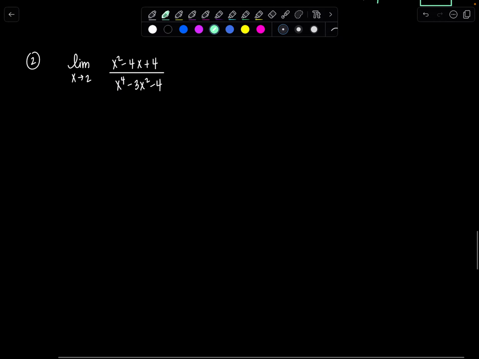So let's start factoring. This is the limit as x approaches 2. The numerator, it's a perfect square trinomial, so it factors into x minus 2 quantity squared. If you didn't notice that and you just wrote x minus 2 times x minus 2, that's fine too. Now, x to the 4th minus 3x squared minus 4.